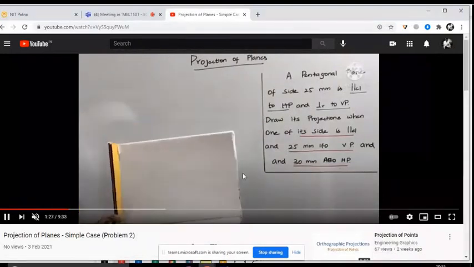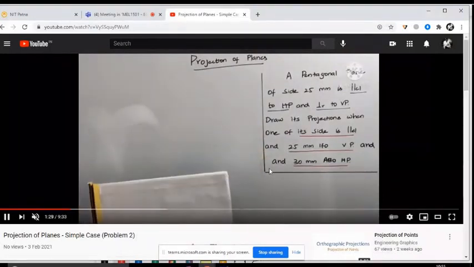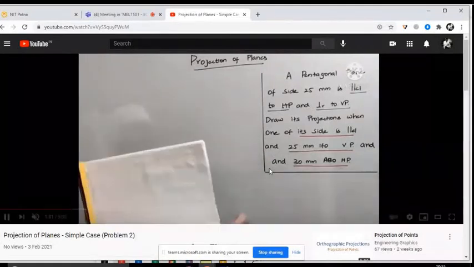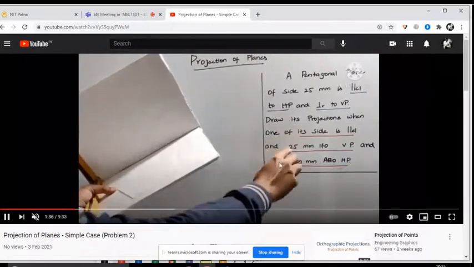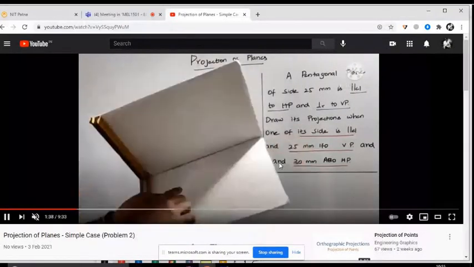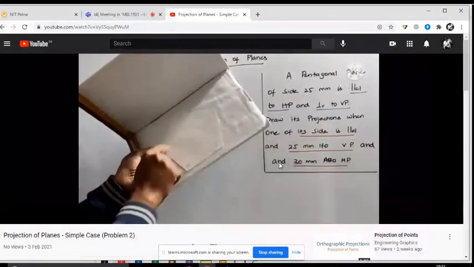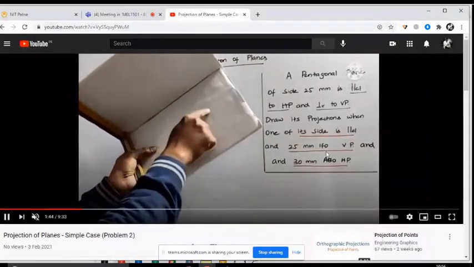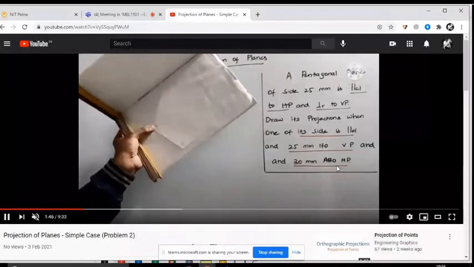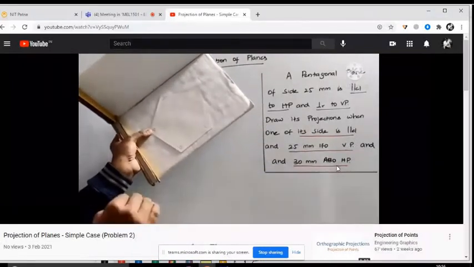So let me show that. Look here, there are 5 sides. You need to choose any one side, and that side should become parallel, and also it should be 25 mm in front of VP.